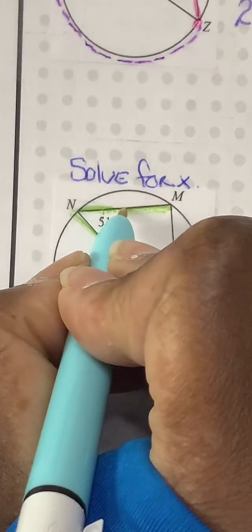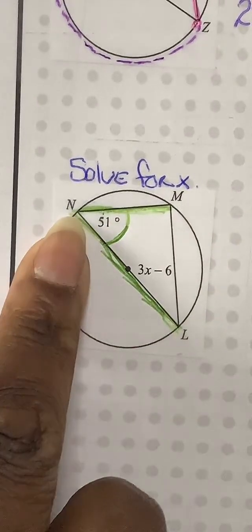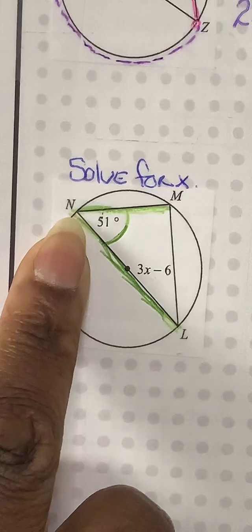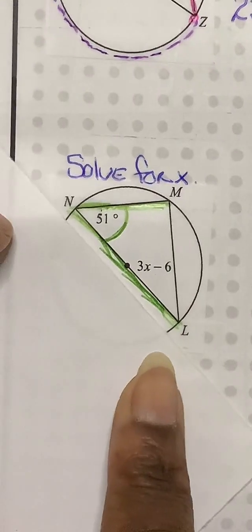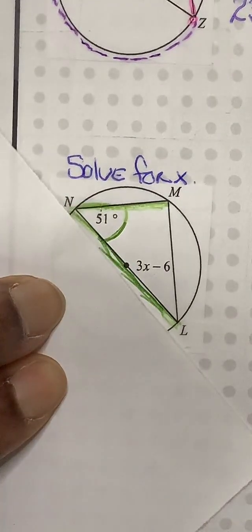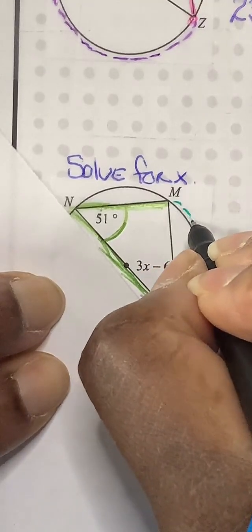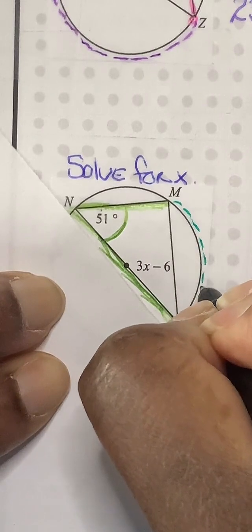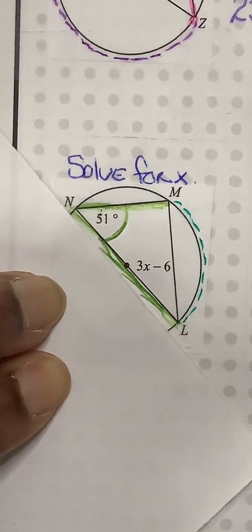So this angle, 51 degrees, that's the inscribed angle. So if I take a look right here, that's my inscribed angle. So that means the arc that it's creating, how many degrees is the arc that it's creating?